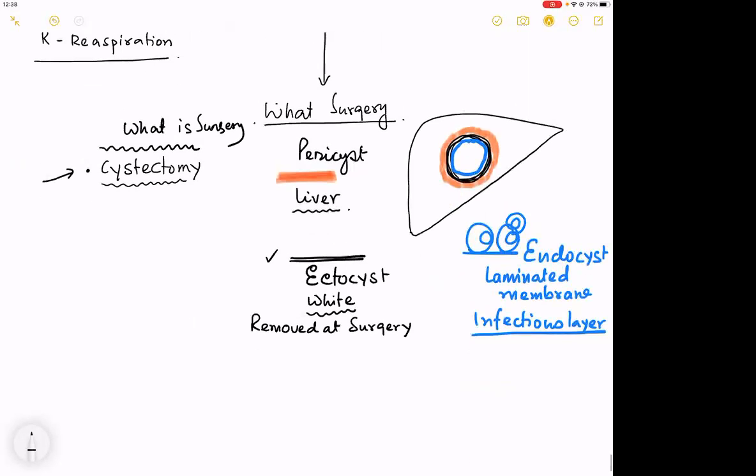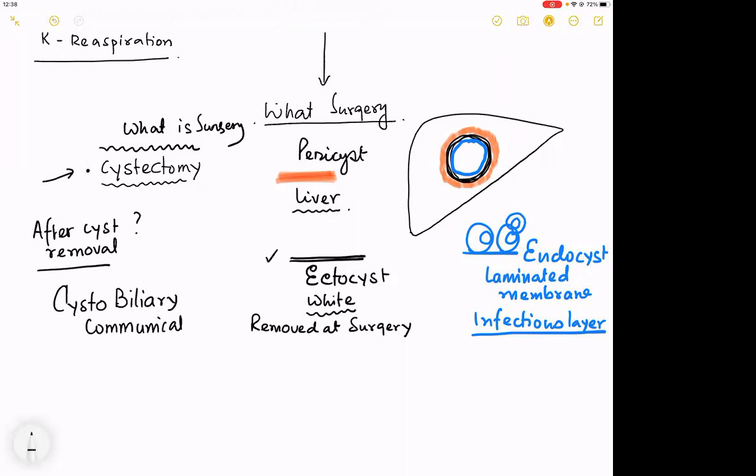After the cyst is removed, what do you look for? Any daughter cysts which have been scattered. Cystobiliary communication, that means communication with the bile duct.